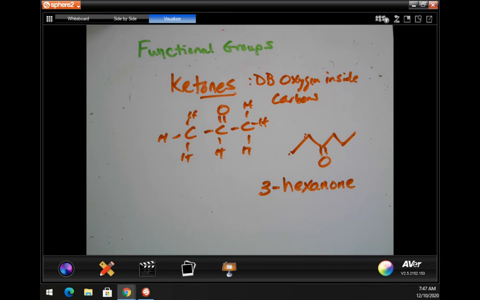So ketones are a big part of our body. They function in what's called anti-inflammatory with cortisol. So ketones are a huge part of our immune system. They're a big part of sex hormones. Very important in progesterone, female hormone.